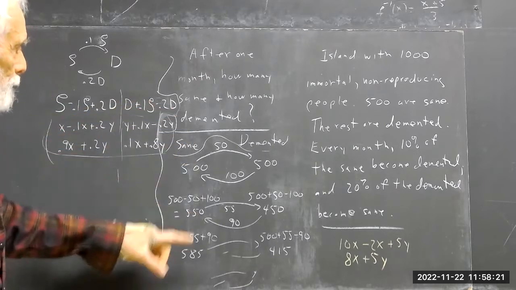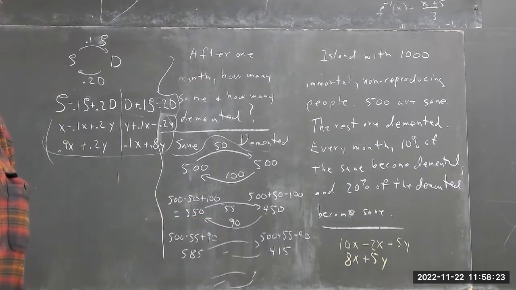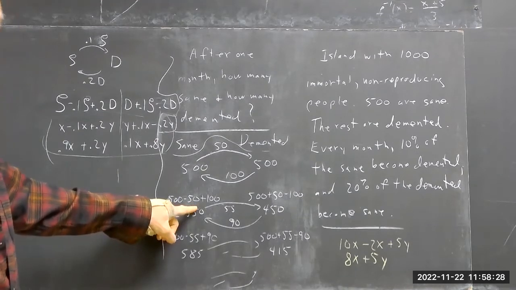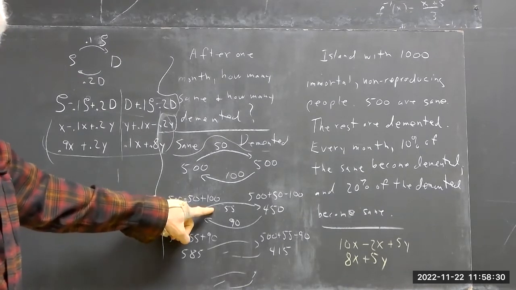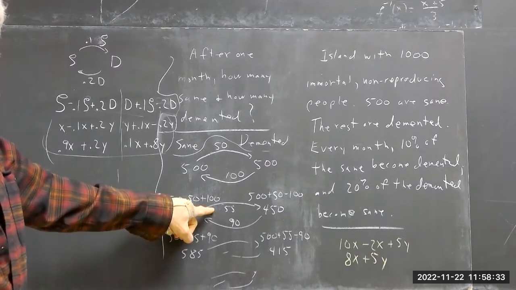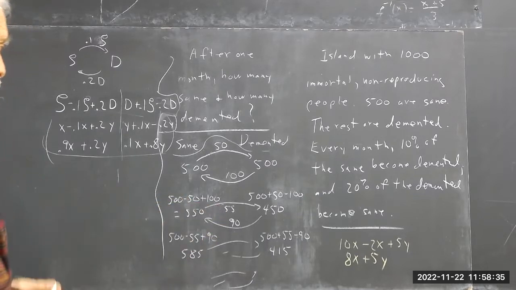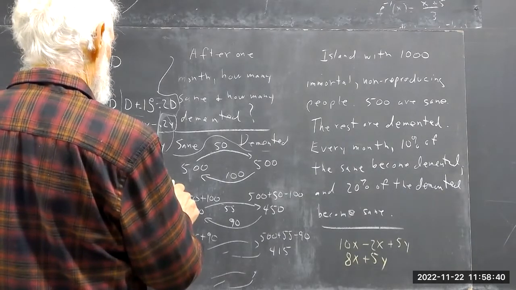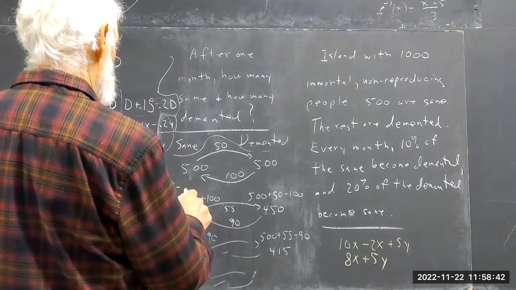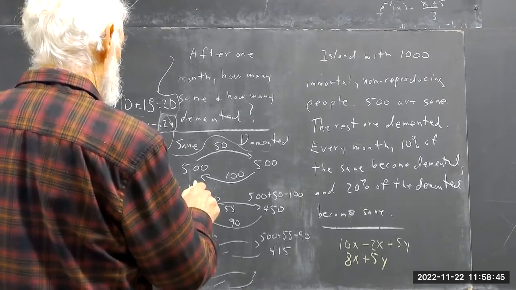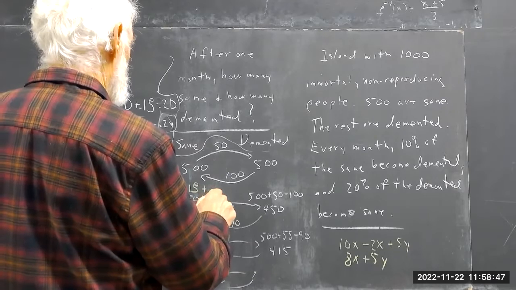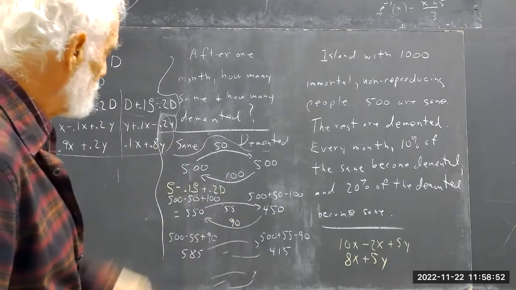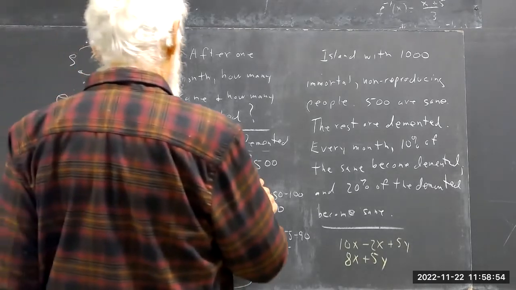You won't do that if you go back to what I wrote here and understand that this represents S, this represents minus 0.1S, and this represents 0.2D, right? So let's just kind of, okay, so this is S. Minus 0.1S plus 0.2D.